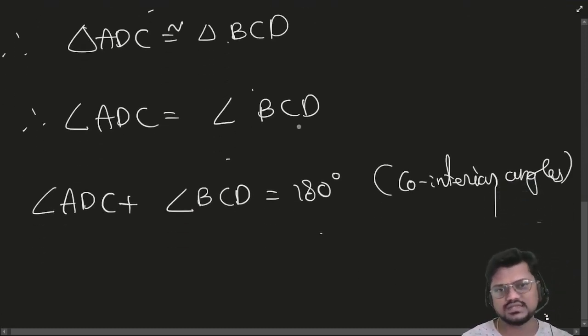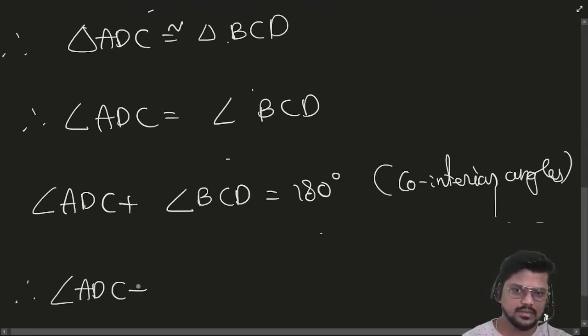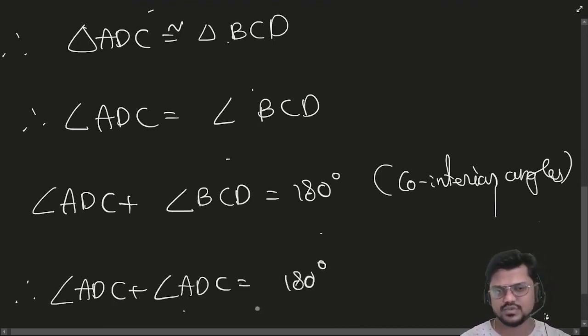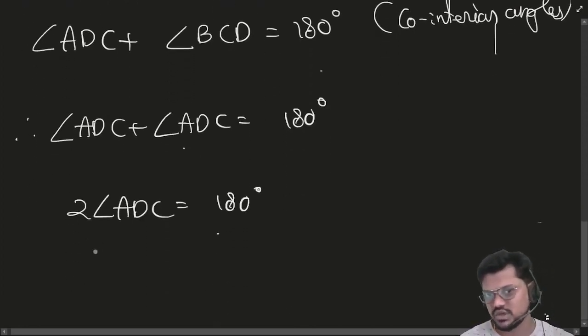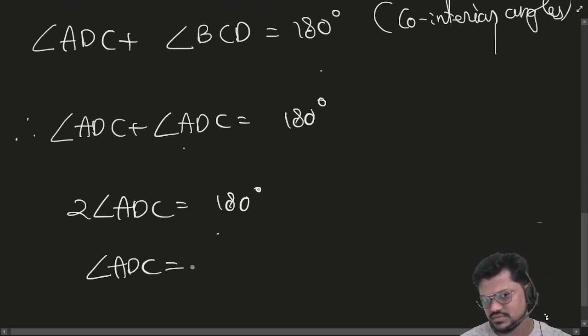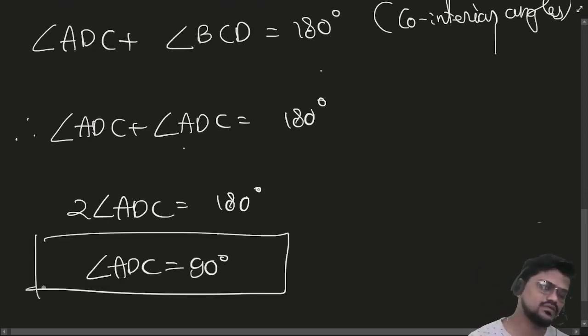But angle ADC is equal to angle BCD. So angle ADC plus angle ADC equals 180 degrees, which is twice angle ADC equals 180 degrees. So angle ADC will be equal to 90 degrees.